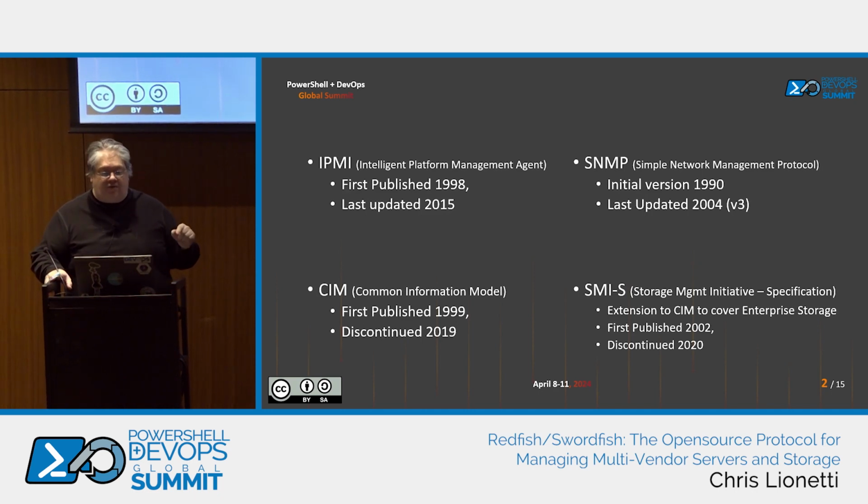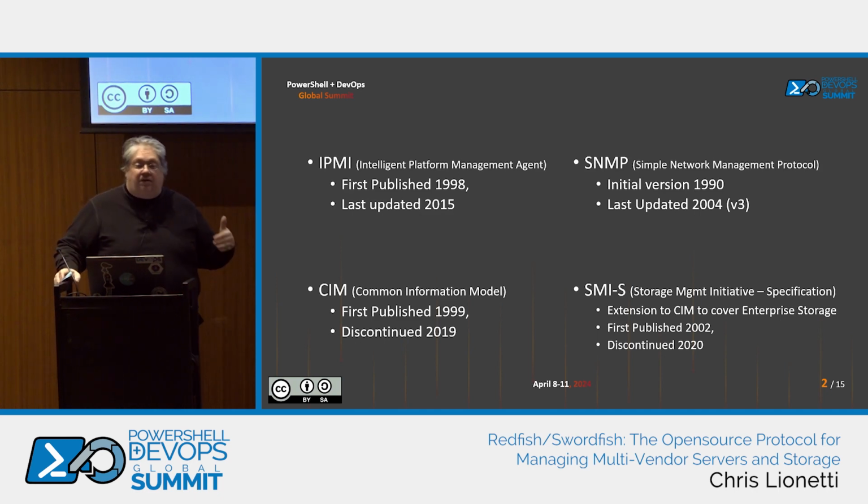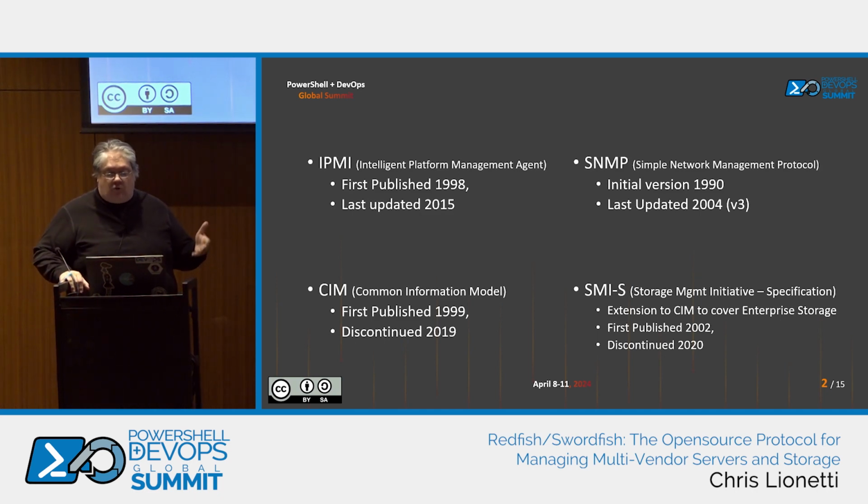The second phase was when we changed over to use CIM, the Common Information Model. And then on top of the Common Information Model, we added something to do storage specifically, which was the Storage Management Initiative. Now, these were also very highly used, very highly adopted, but they were published in 1999, and they were built on a database format. In other words, you'd have to store a lot of information to get that Common Information Model.